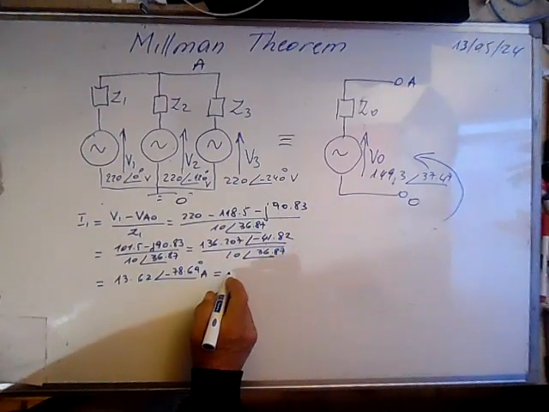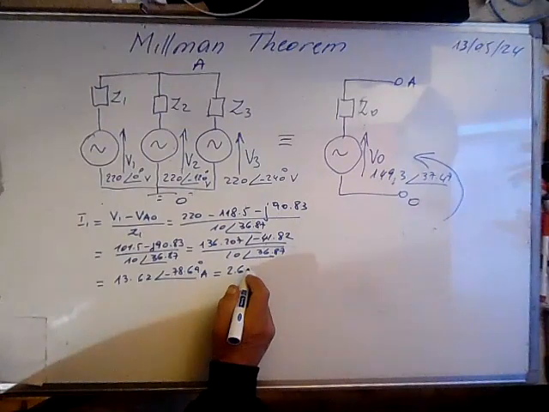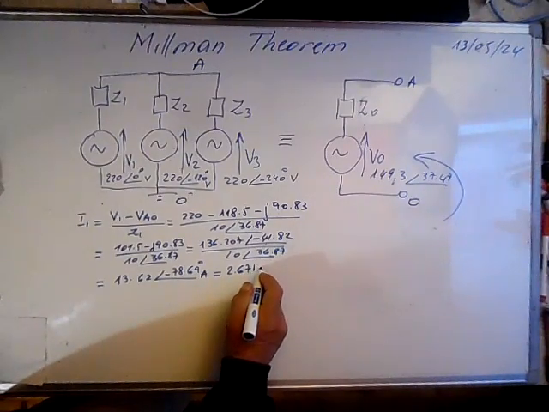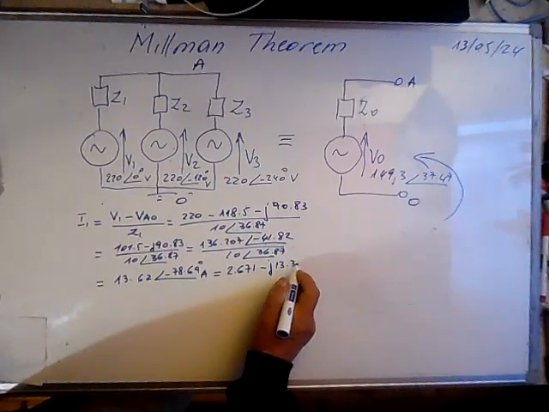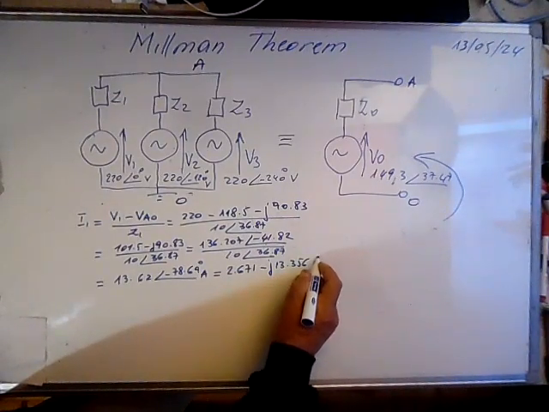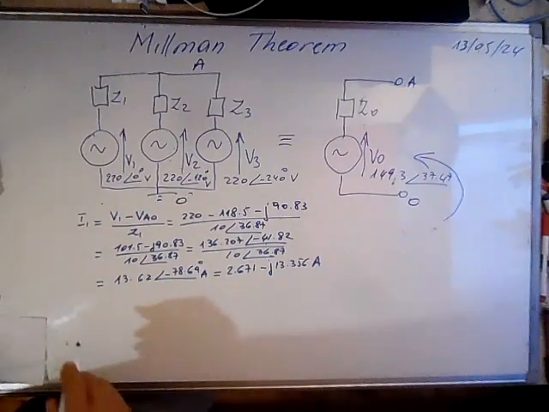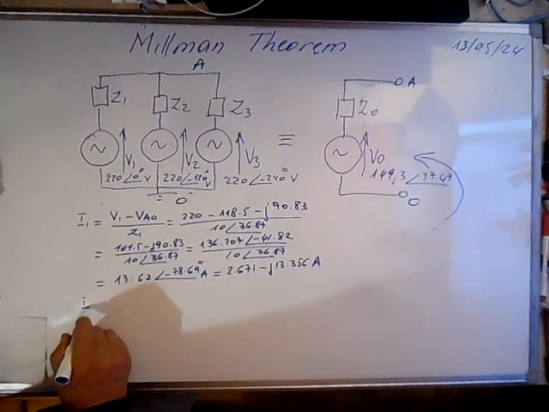In algebraic form, 2.671 minus j13.356 amps.